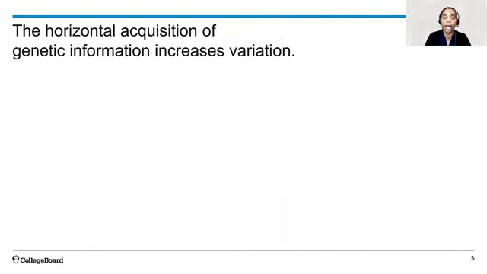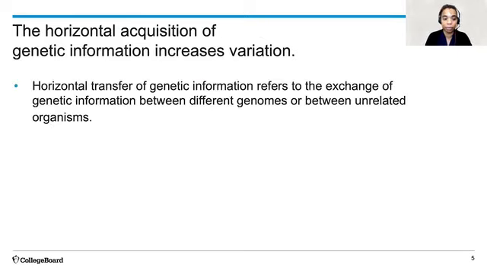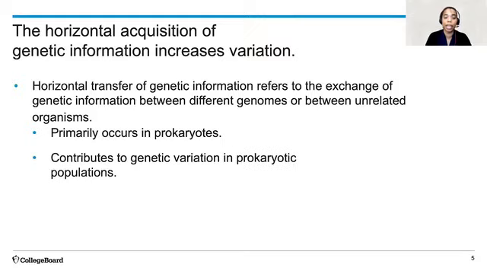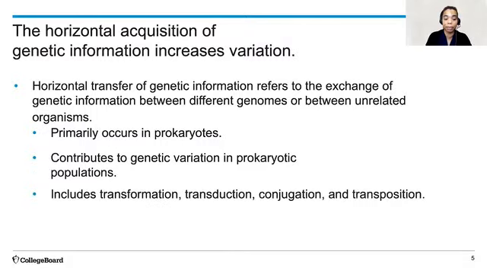The horizontal acquisition of genetic information increases variation. Horizontal transfer of genetic information refers to the exchange of genetic information between different genomes or between unrelated organisms. This primarily occurs in prokaryotes. It contributes to genetic variation in prokaryotic populations.